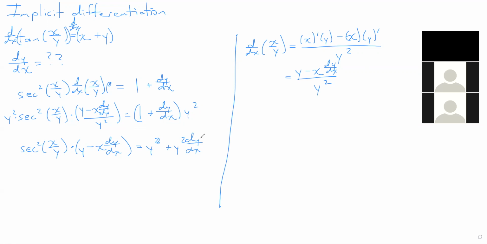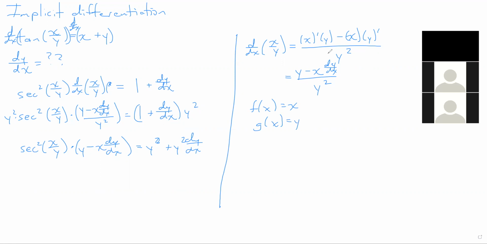Mr. Ruiz, I have a question real quick. Sure. On the three lines in the middle where it says in parentheses y minus x dy/dx over y squared, is that just quotient rule? Yeah, so over here on the right of this vertical line, that's what I was setting up. If you look at it this way: f of x equals x, g of x equals y.